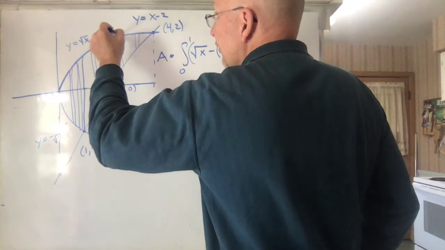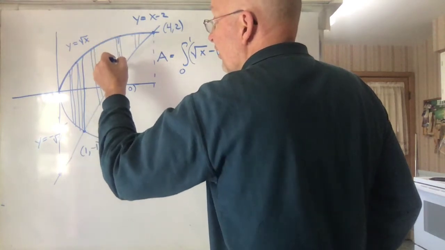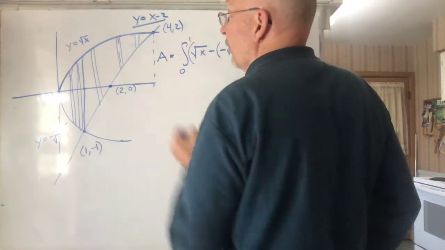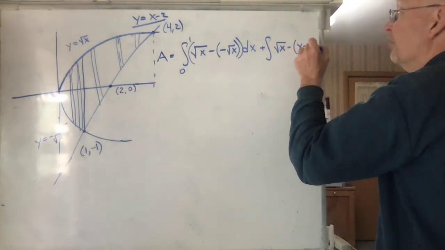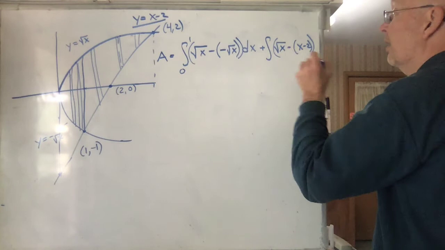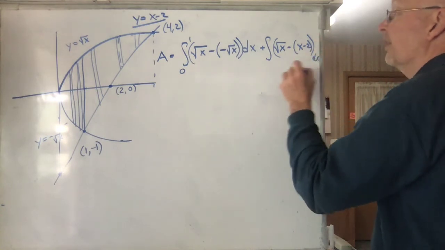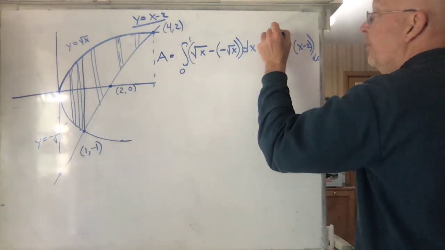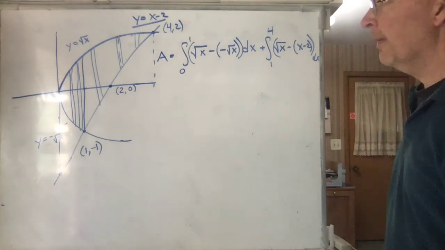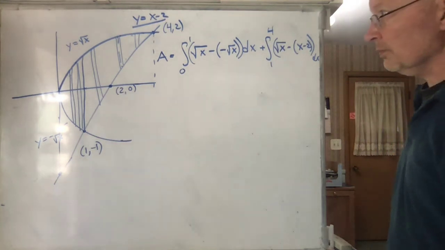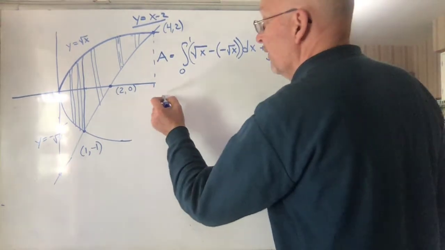We're starting here at the square root of x and we're going down until we hit that function, x minus 2. Okay, dx, sorry about that, from 1 to 4. Okay, so how do we evaluate that?